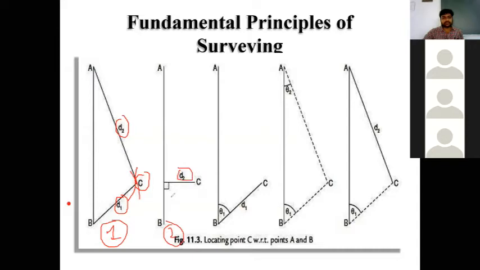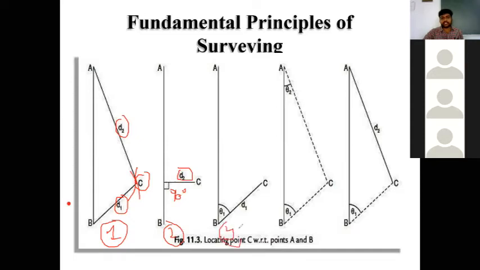This data is given, and we're going to draw the perpendicular line having an angle of 90 degrees. So you have two things: the AB line you're going to draw with linear measurements, whereas this perpendicular line you're going to draw with the help of angular measurements. This is the second case.